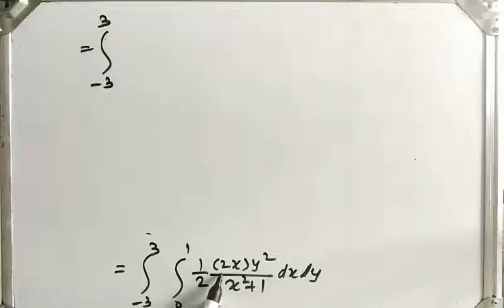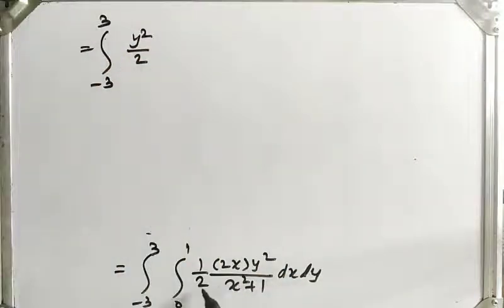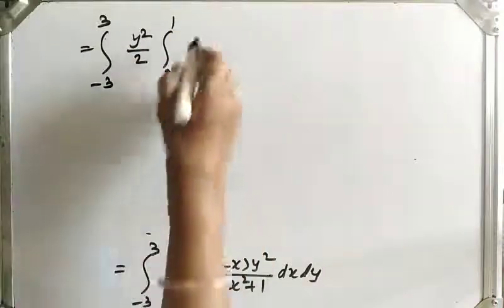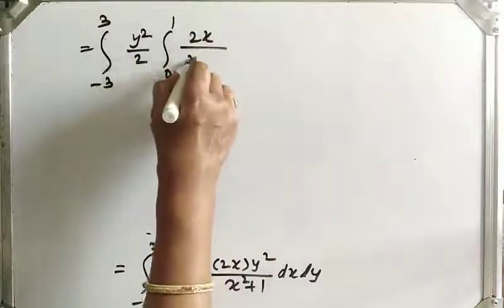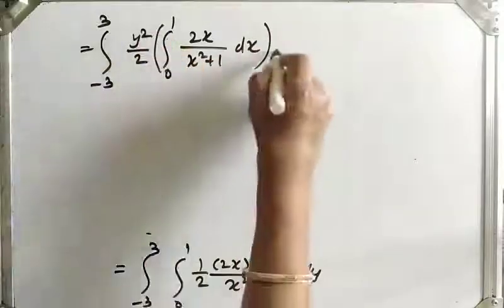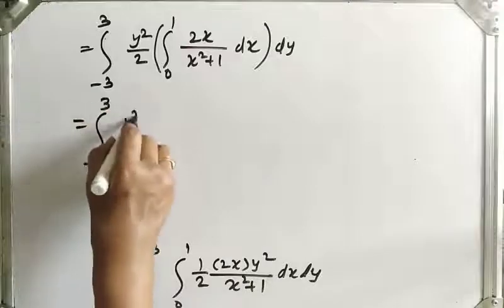Okay, so what will be its integration? What is constant here? y square by 2 is constant here. We can take it outside for understanding. Let us take y square by 2, which is constant, outside. Integration of 0 to 1, 2x upon x square plus 1 dx, into dy, which is equal to minus 3 to 3 y square by 2.